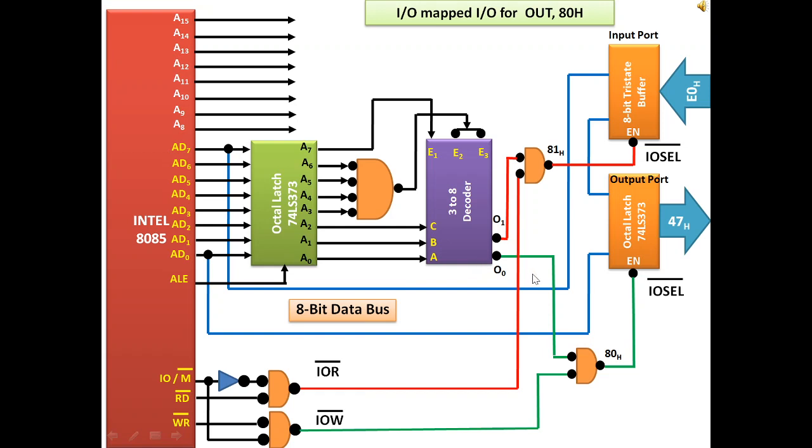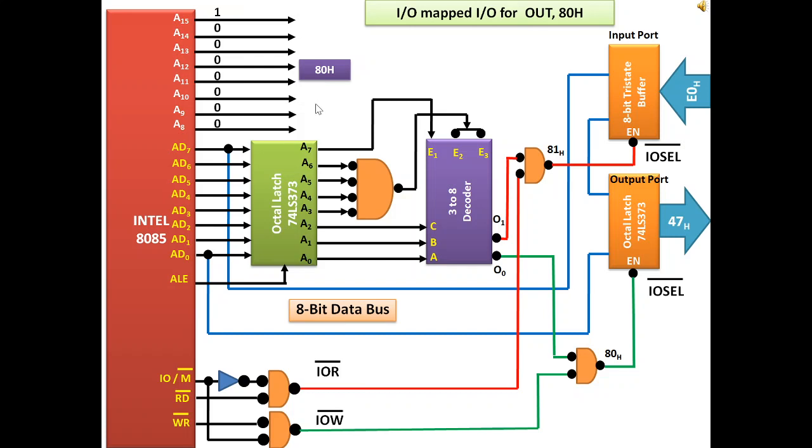Let us now try and understand this using the figure. Let us assume that the input port address is 81 and the output port address is 80. Now, for instance, suppose the microprocessor is presently giving out the instruction OUT 80. That means the microprocessor is trying to communicate with the output port.